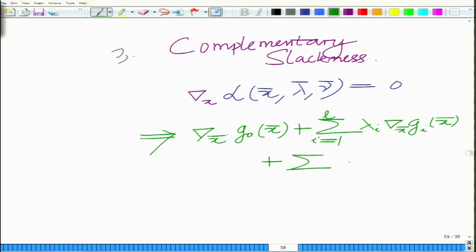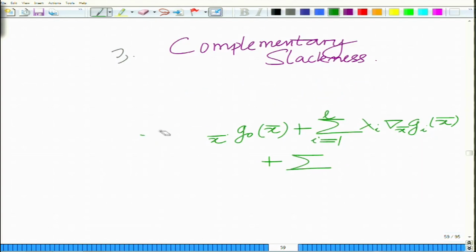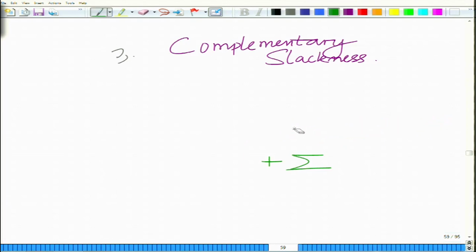I am sorry, this is not complementary slackness. Let me just mention the complementary slackness aspect, the other will come later.